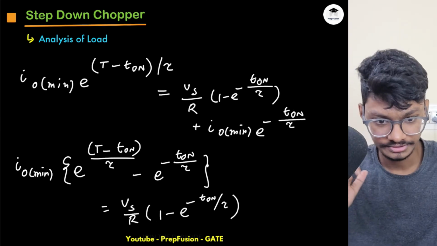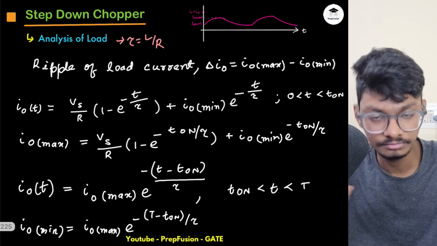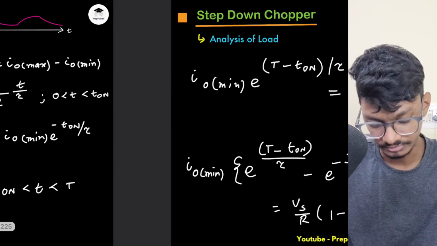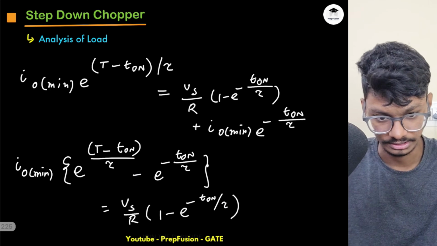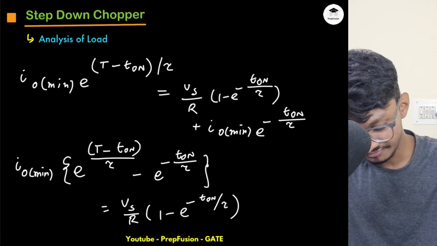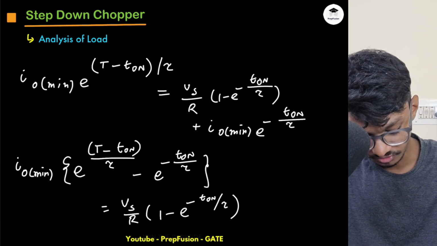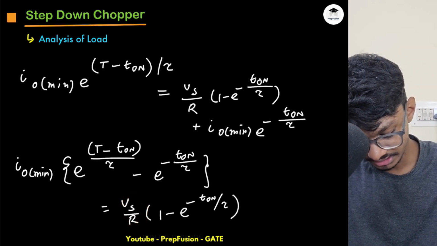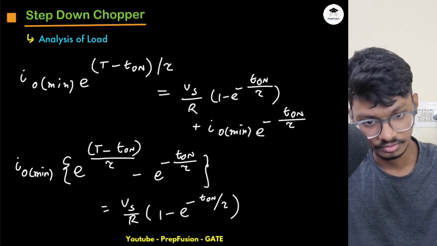Sorry for the interruption. I just wanted to put everything in terms of tau, because it's an extra exercise to write R by L every time. So I change everything to tau. Tau is L by R. So here I can directly find my IO minimum expression in terms of this exponential and Vs by R. If I take this e raised to power minus T on common, what will I get?